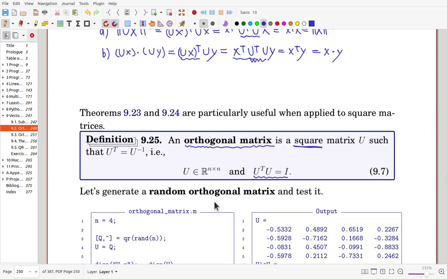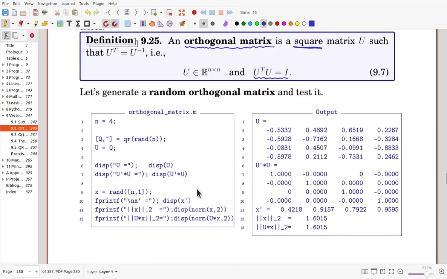Let's generate a random orthogonal matrix and test it. Here we choose n as 4. So we try to make a 4 by 4 orthogonal matrix: generate a random 4 by 4 matrix and apply QR factorization. You will learn QR factorization in section 9.4. Then Q is always an orthogonal matrix.